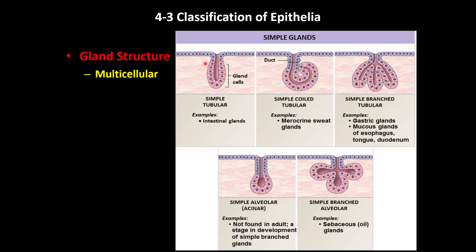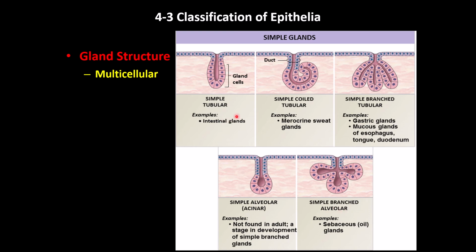Again, they divide based on how they look. If they are elongated, they are called tubular, or if they are spherical, they are called alveolar or acini. So it's a little bit different based on shape.